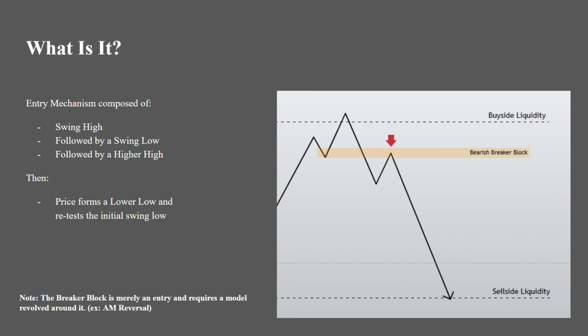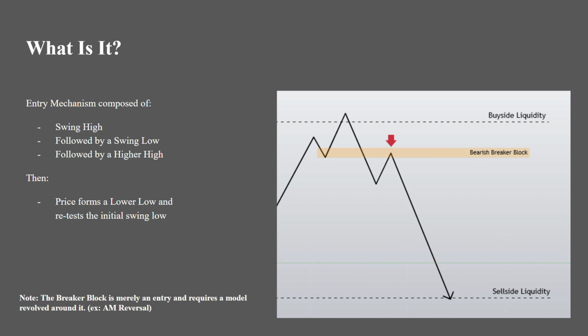So breaker block, what is it? Well, it's an entry mechanism composed of a swing high, followed by a swing low, followed by a higher high. As you can see on the visual to the right, we form a swing high, swing low. That swing low is the formation of that breaker, but it comes once you get another swing high, and then price goes completely through that initial low to form a lower low.